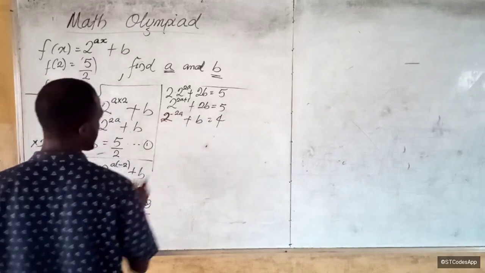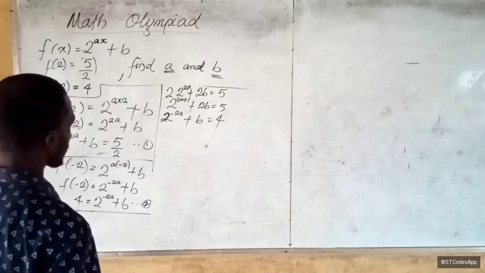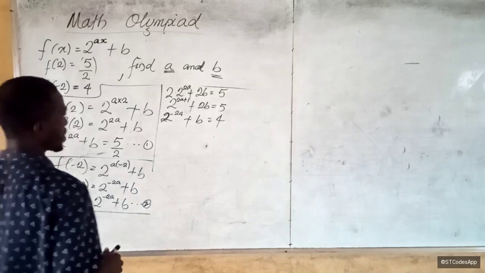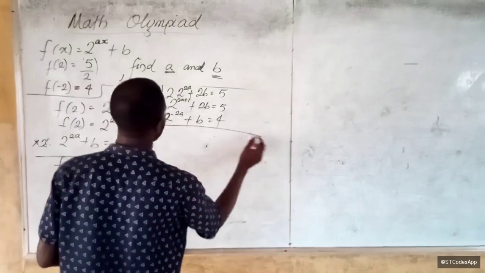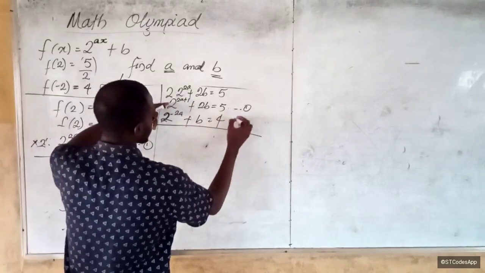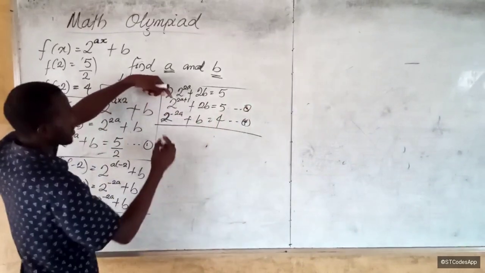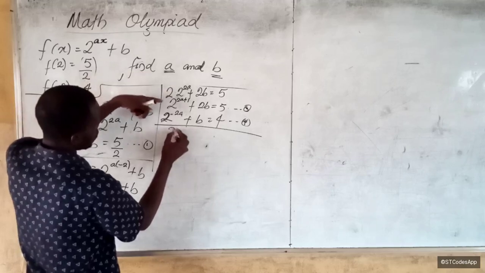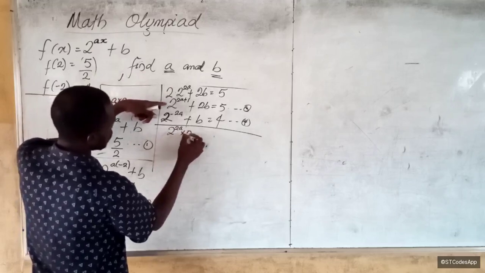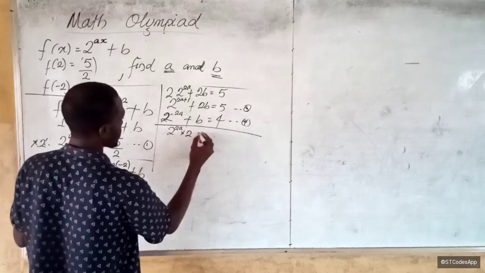One thing we can try to do is this for equation 1. So this is our equation 1. Now this is not equation 3, it is equation 4. So we can make this become 2 raised to the power 2a, times 2. I want to express it another way.